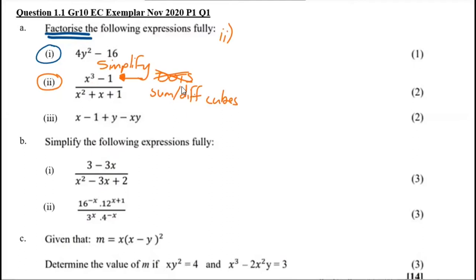Okay, and guys, this is learning work. So please go back to the course notes if you don't remember it and learn the process. The sum and difference of cubes. The first step is you cube root everything that's here. So I'm going to cube root that one, and I'm going to cube root that one, and I'm going to get x minus 1.